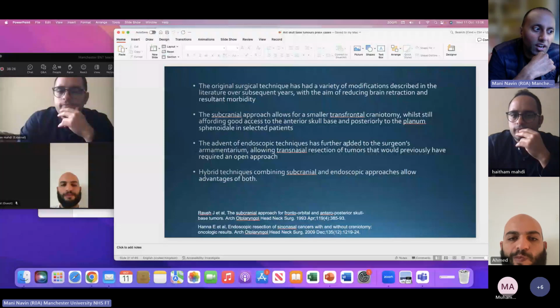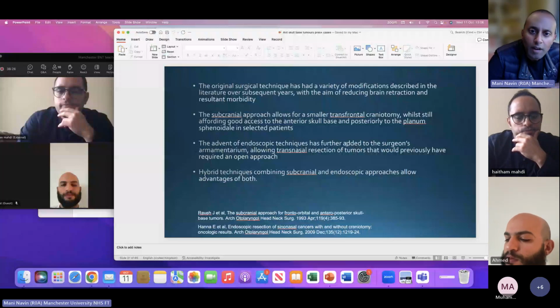So there is less brain retraction and less chance of CSF leak, or if there is one, the CSF leak can be repaired. As I say, endoscopic techniques are used, but you have to pick the cases.